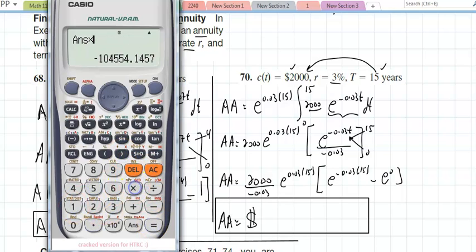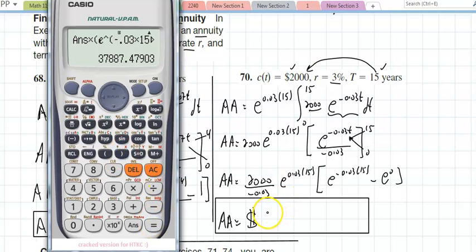If you hit times, it'll take that last answer, and here you need parentheses because you're multiplying it by two things. It's going to be e to the negative 0.03 times 15. Now, the chances of making a mistake are great, so just take your time. Either you put a 1 or you put e to the 0. Work really slowly at this.